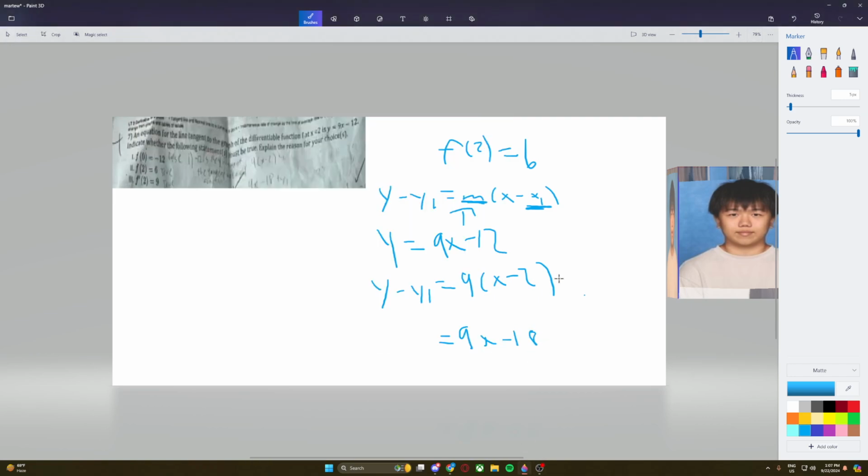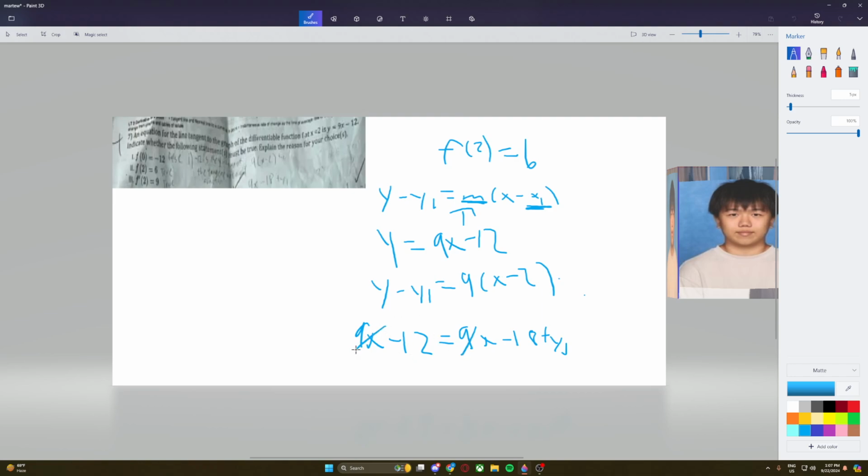Then we just plug in y: 9x minus 12 equals 9x minus 18 plus y1.